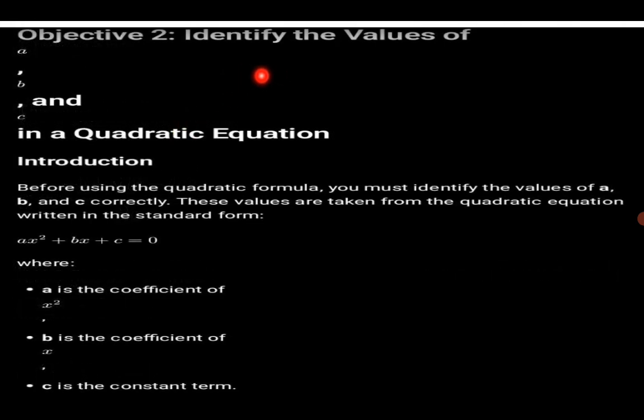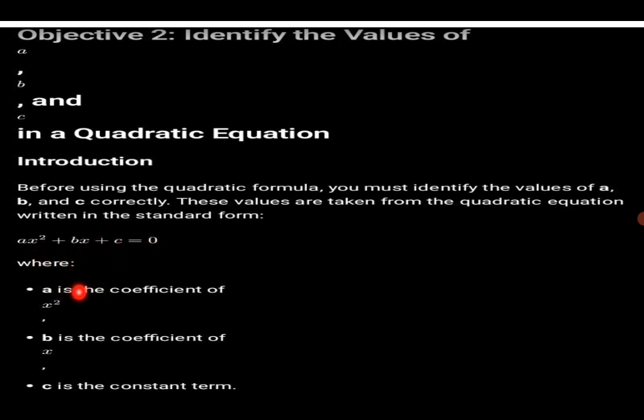Welcome to the second objective, which is to identify the values of a, b, and c in a quadratic equation. So before we start using the quadratic formula, you must identify the values of a, b, and c correctly. These values are taken from the quadratic equation written in the standard form ax squared plus bx plus c.